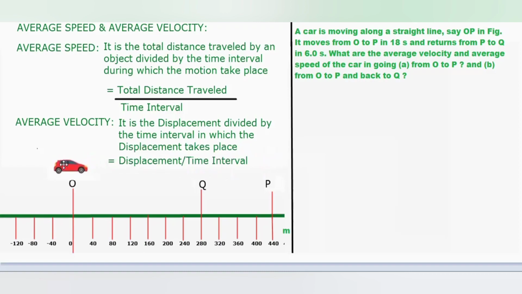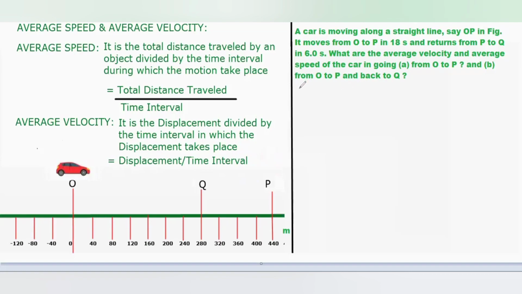Now we are going to discuss the first case, that means the motion from O to P. Here, the average velocity and average speed, these two things we are going to calculate.